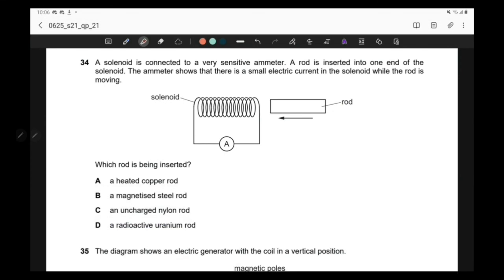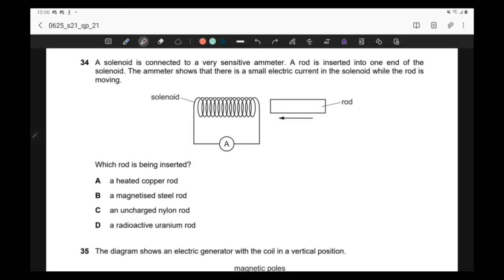Question 34. A solenoid is connected to a very sensitive ammeter. A rod is inserted into one end of the solenoid. The ammeter shows that there is a small electric current in the solenoid while the rod is moving. Which rod is being inserted?